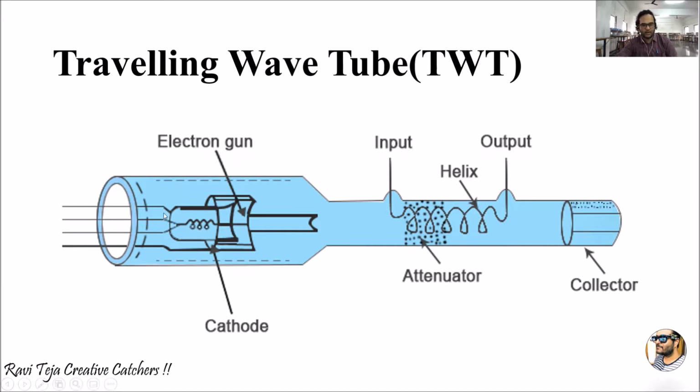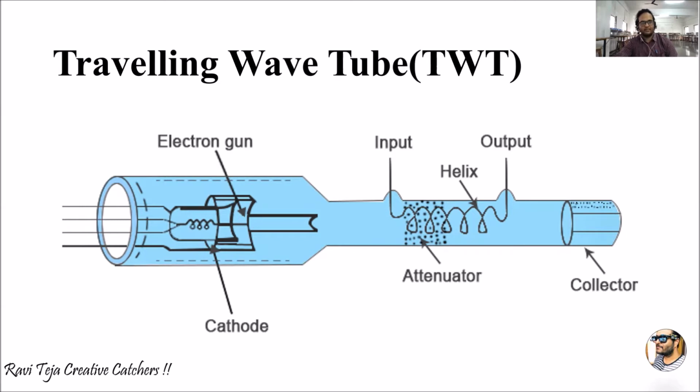The first part is an electrode connected to an electron gun for generating electrons, right? Every tube you have seen till now has a cathode connected to an electron gun which is used for generating electrons.